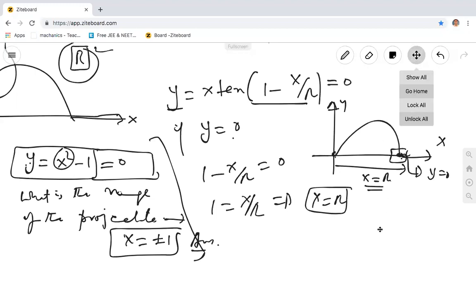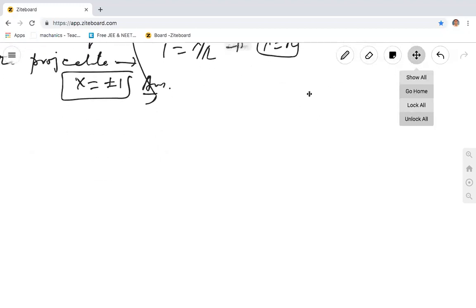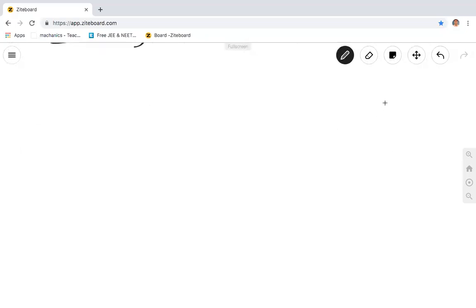Okay. Now, let me go to slightly simpler things. Range is equal to V0 square sine 2 theta by g, as you know.